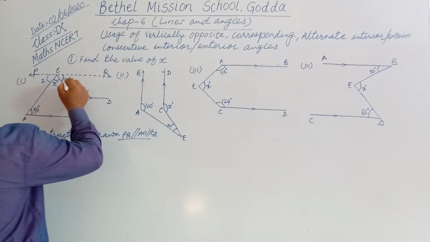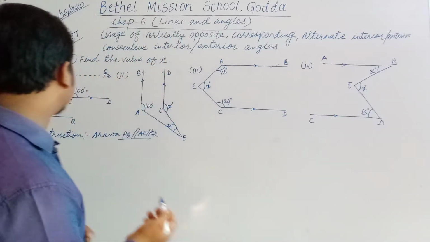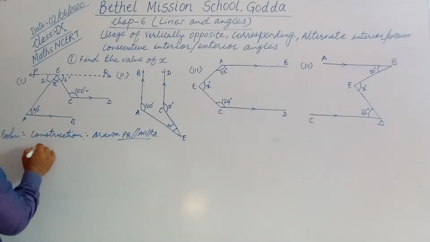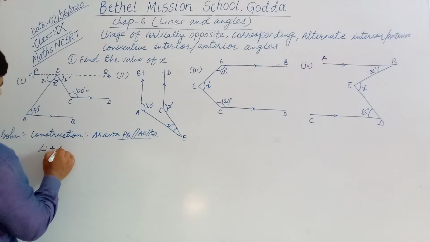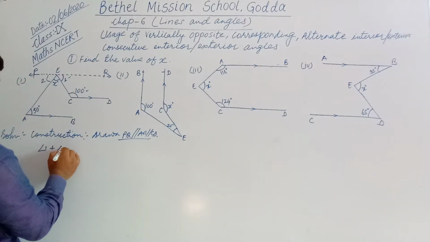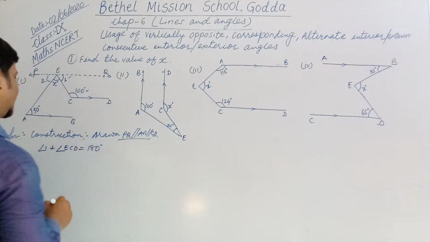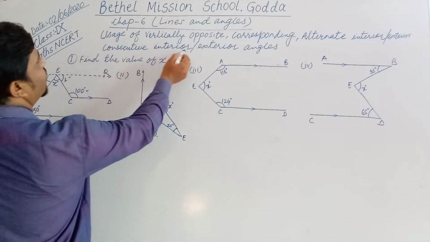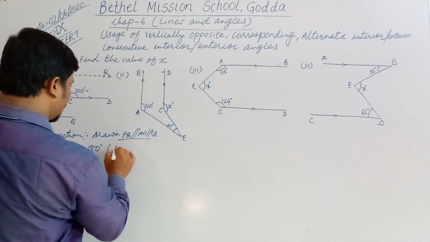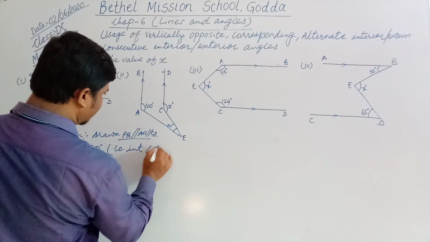And you know, the sum of consecutive interior angles is 180 degrees. So angle 1 plus angle ECD equals 180 degrees. And which property? The property is consecutive interior angles. In short we write co-interior angles.